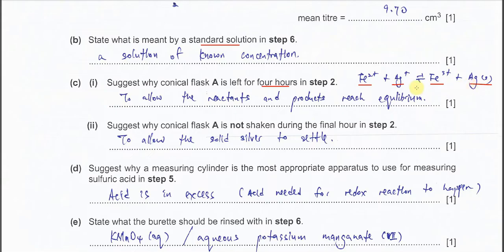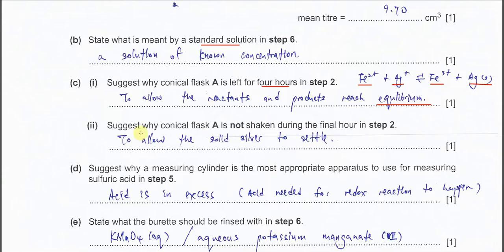Therefore, after it reacts, it will take time for this species to reach equilibrium. So the 4 hours is actually to let this reaction mixture, the reactants and products, reach equilibrium. Equilibrium takes time.